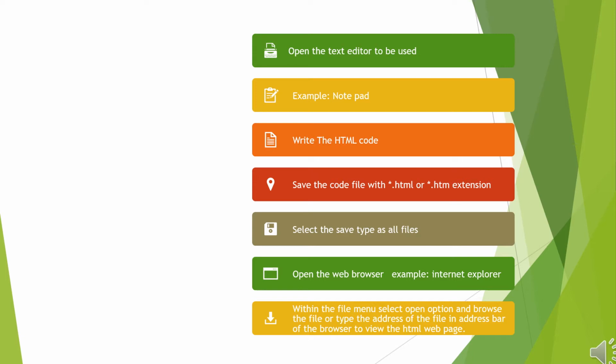Once you open it there, you need to type the file name as it is, whatever you typed in your saved file, along with the full extension. There you open it, and that is what you see, the designed web page, which is an HTML web page.